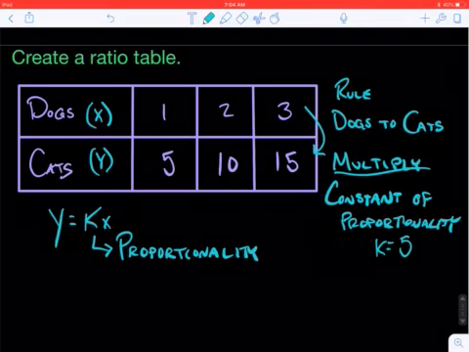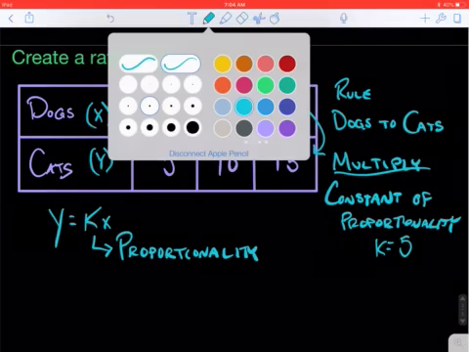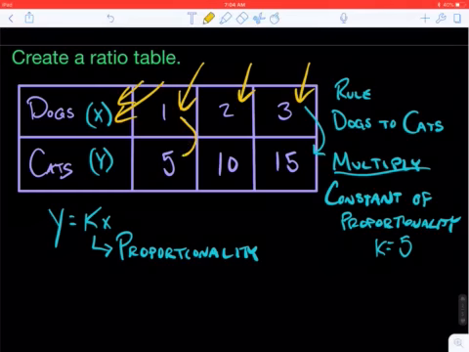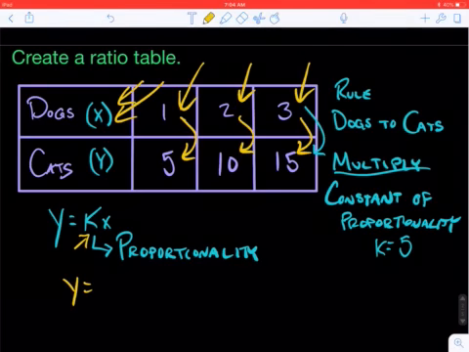So anytime you find a number that's multiplied by all of these X values here, every one of these X values, it has to work for all transitions from X to Y. Whenever you find that multiplier, you get to plug that in for the K. So we have Y equals 5X.